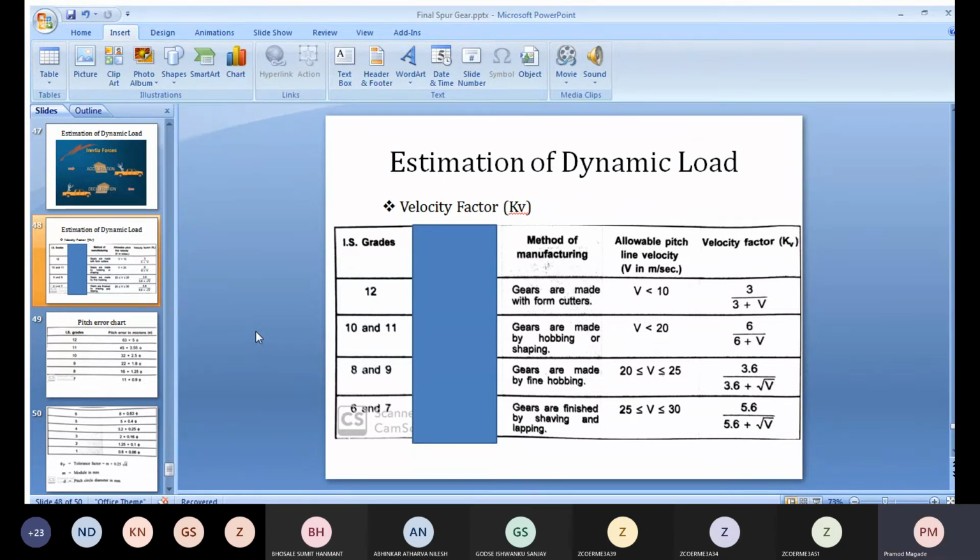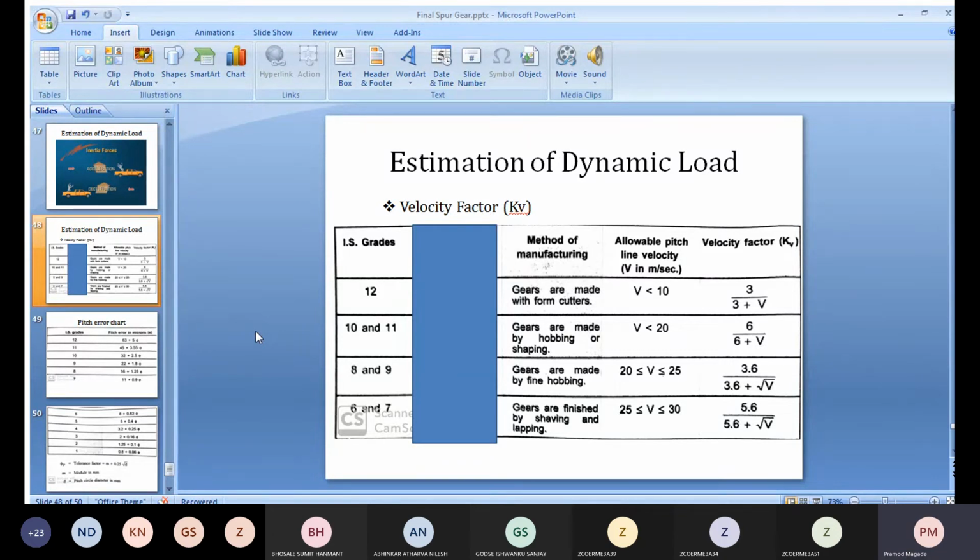Velocity factor, that is highest grade. आता ग्रेड याच असतील असं काय नाही बरं का. ग्रेड बदलतात, 5-6 असतील, 3-4 असतील, but according to that the chart will be there, so no worry about that.